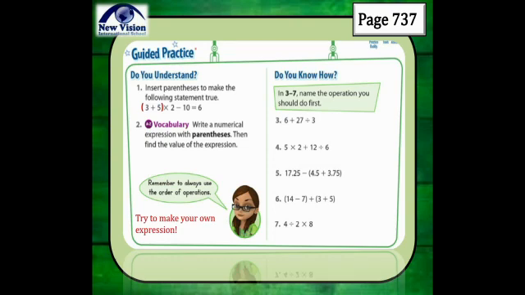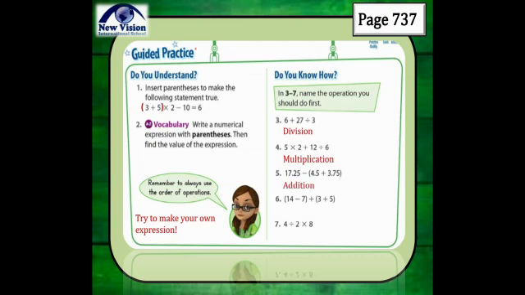In 3 to 7, name the operation you should do first. Number 3, 6 plus 27 divided by 3. So we will do division first. Next, number 4, 5 times 2 plus 12 divided by 6. Correct again, multiplication. 17.25 minus 4.5 plus 3.75.